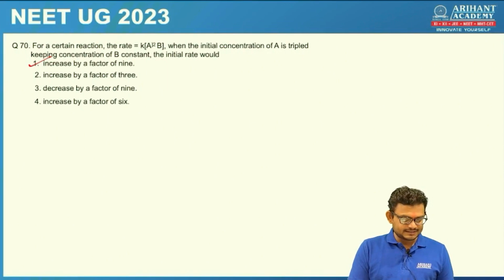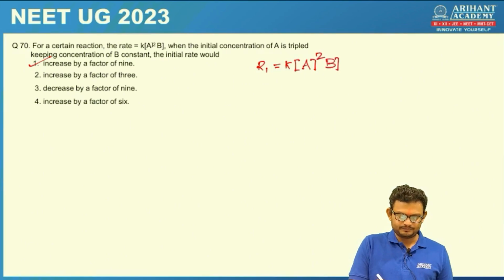For a certain reaction, the rate is k[A]^2[B]. When the initial concentration of A is tripled, keeping the concentration of B constant, the initial rate would... Let us try to solve this. So let the initial rate be R1, and the equation says R1 is k[A]^2[B]. And then they ask what would be the rate? Let us say it is R2.